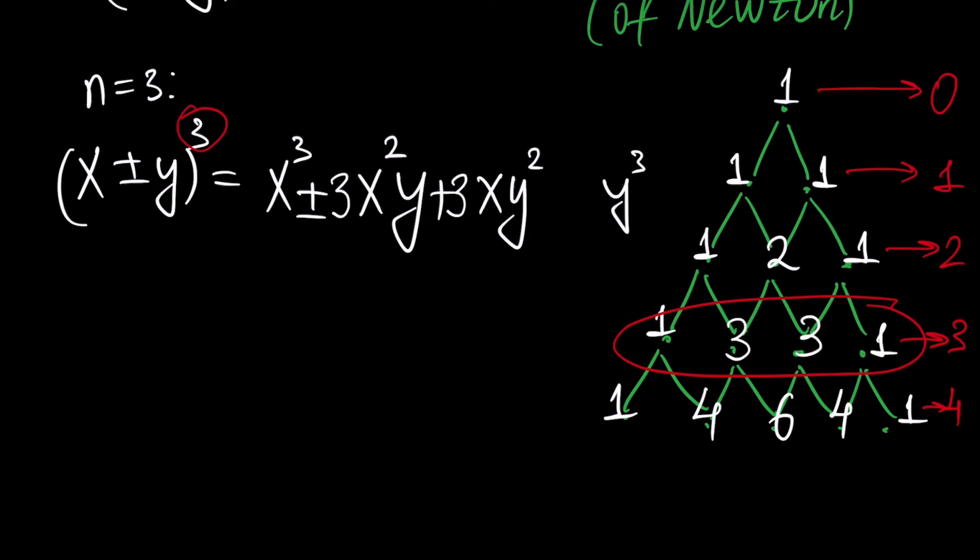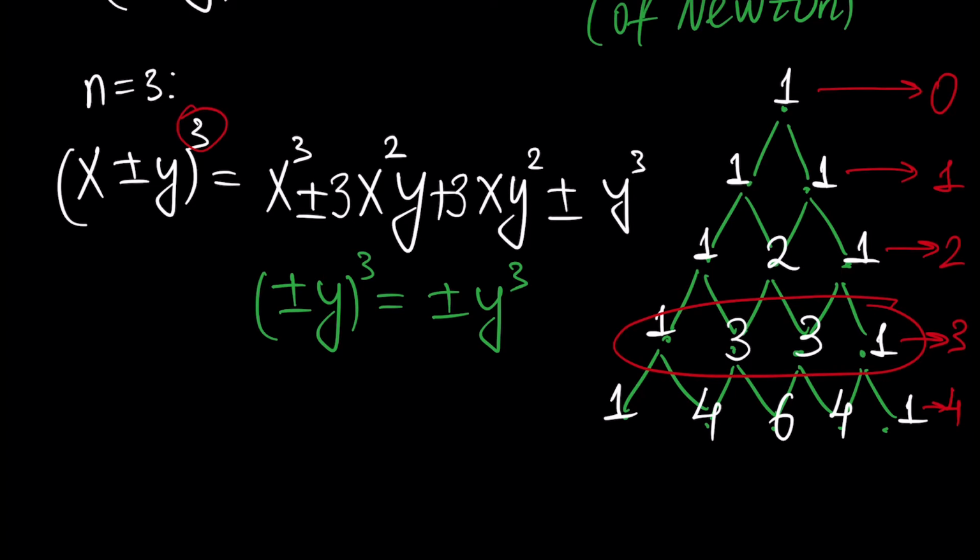And the last sign will again be plus and minus, because we have here y to the power 3. Let's write it separately: plus minus y to the power 3 is plus minus y to the power 3.